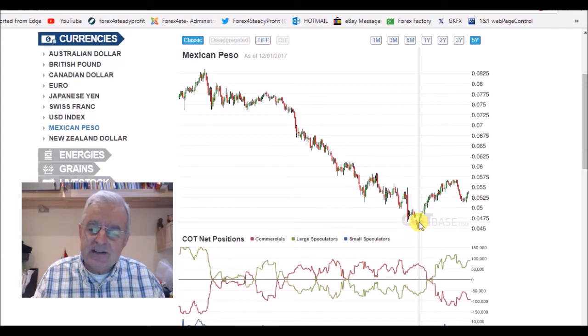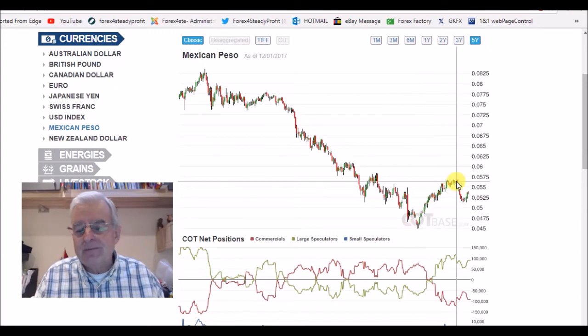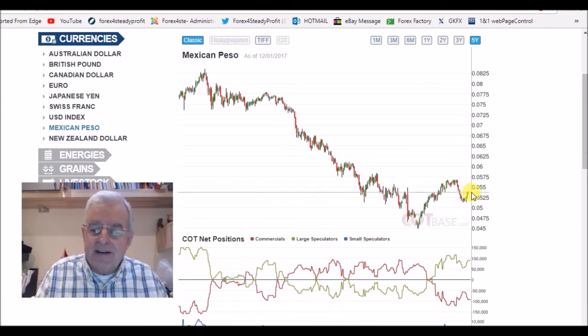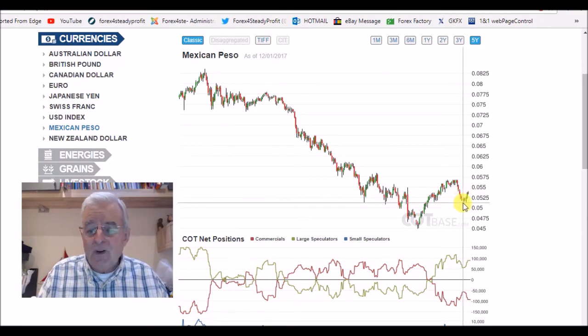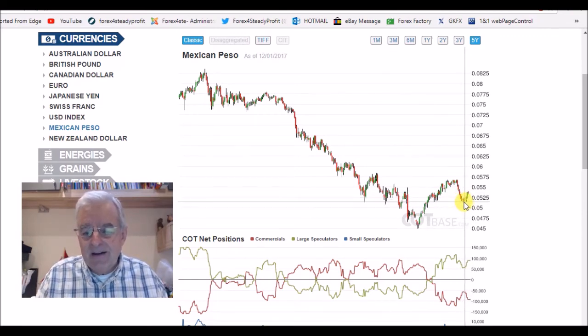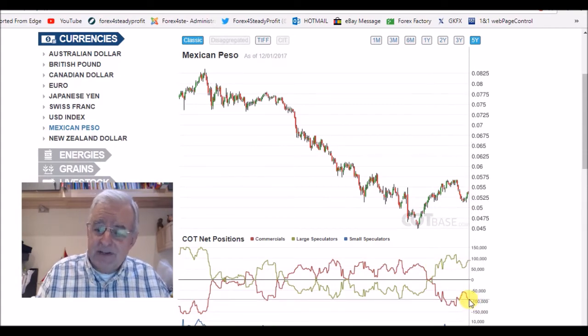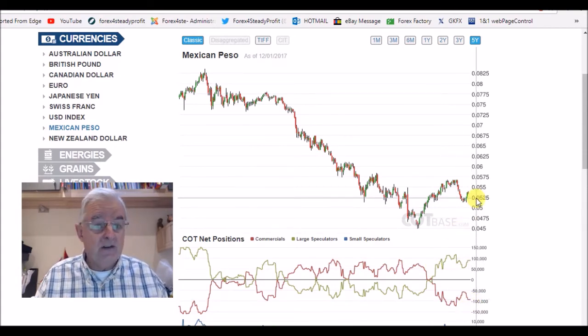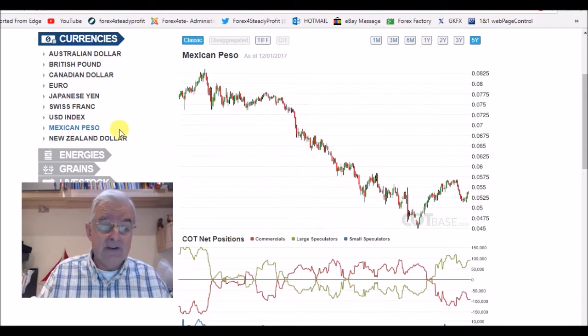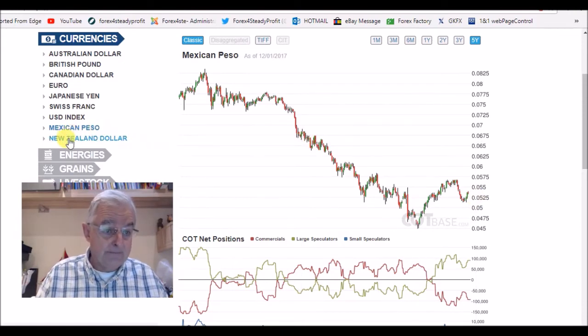We saw this nice move up off the bottom, pulled back, and I actually got another trade in long for the pair about at the bottom. I took profit at the top here and got in at the bottom. We appear to be showing more weakness on the peso, and hopefully that trade will come right for me.